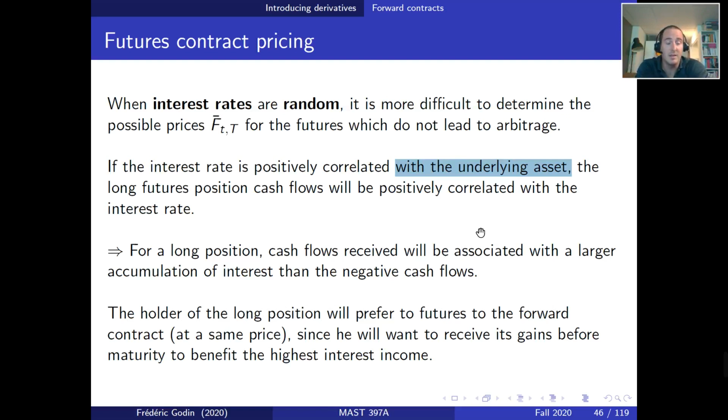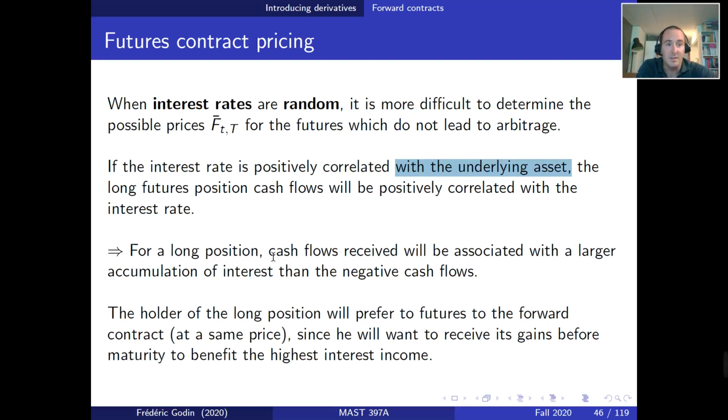Okay, so this is good news for the futures contract holder, because receiving the money early gives him the opportunity to accrue more interest, because the interest rates increase at the same time. So when interest rates are positively correlated with the underlying asset, cash flow received will be associated with a larger accumulation of interest.